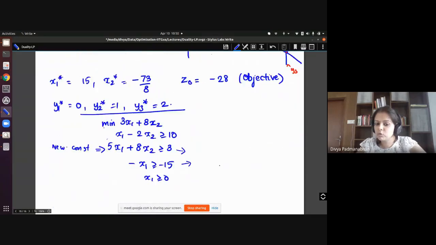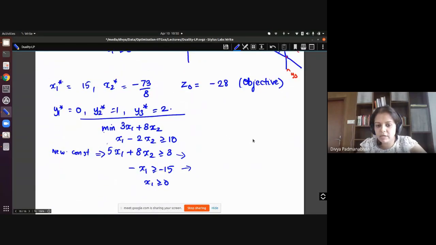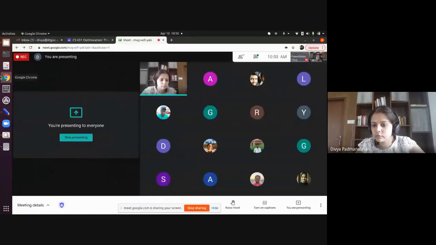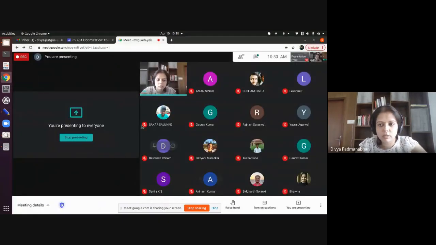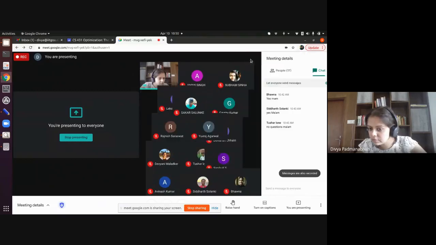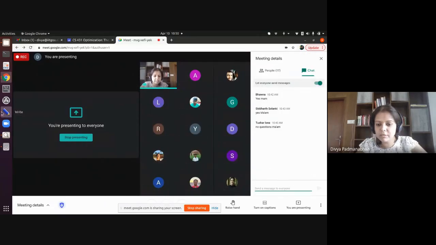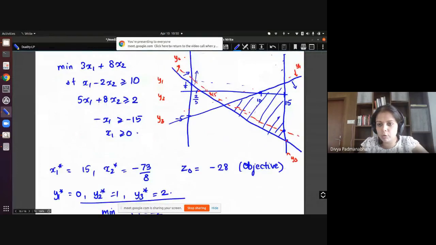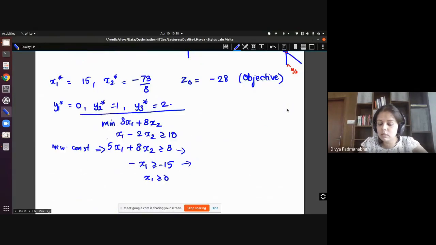Okay, so can someone tell me what's going to be the optimum value now? It's the intersection of, again, these two: the one in red and this x1 equal to 15.